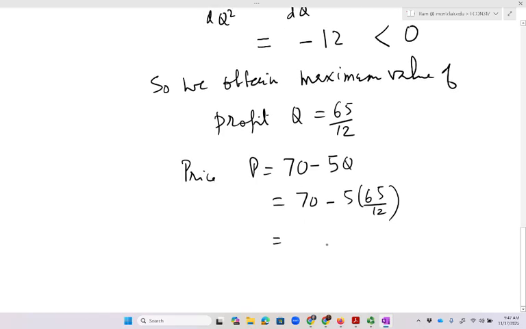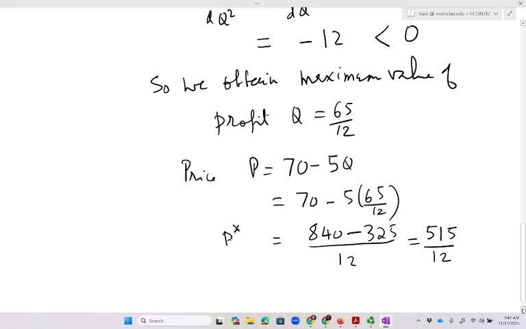I will write 12 in the denominator. This becomes 840. This term turns out to be 325. So the price turns out to be 515 over 12. This is the P star.